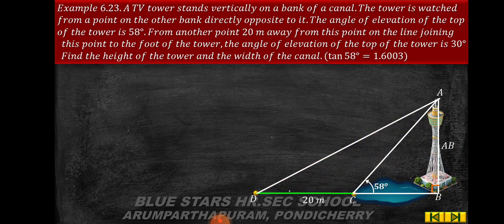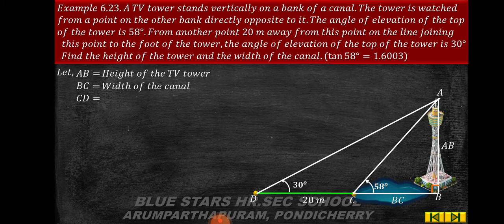So again you get an angle of elevation, that is 30 degree from the point D. Let AB be the height of the TV tower, BC the width of the canal, and CD the distance between the 2 points, equal to 20 meter.